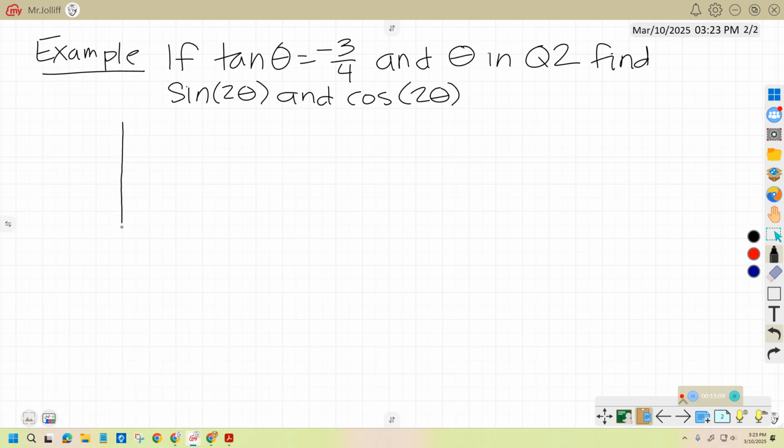I know that I am in quadrant 2, so I am living over here because they told me theta is in quadrant 2. I know points in quadrant 2 have a negative x and a positive y.